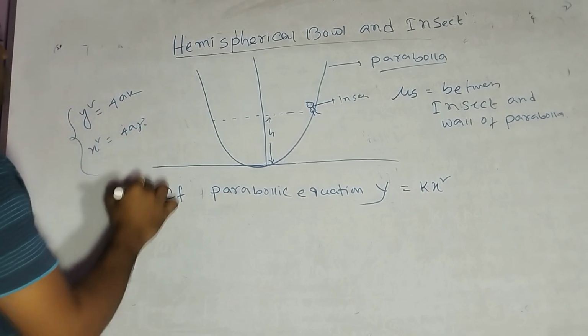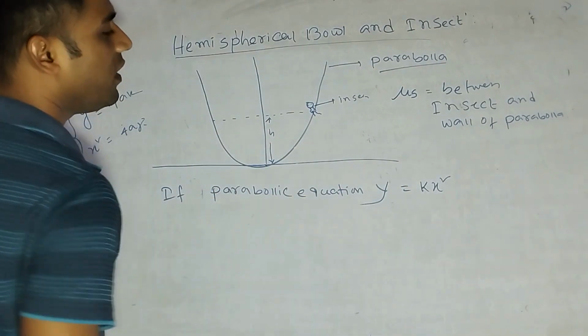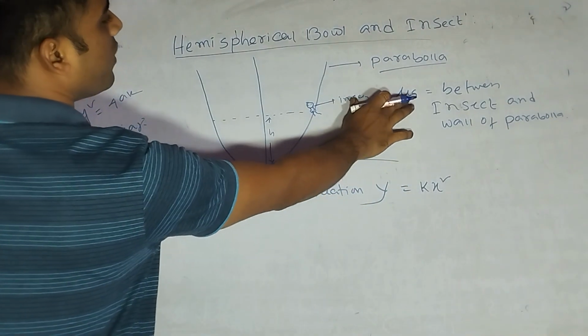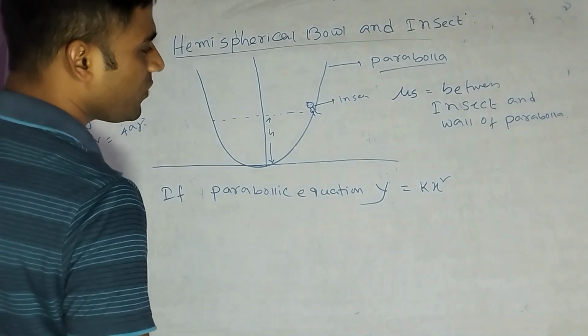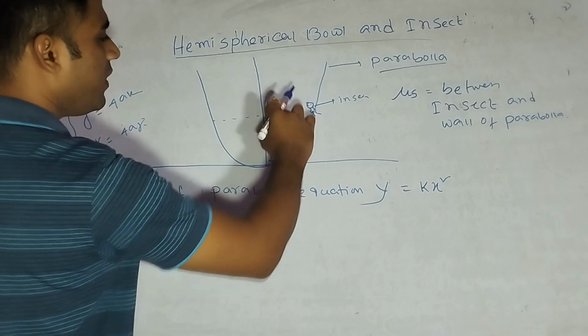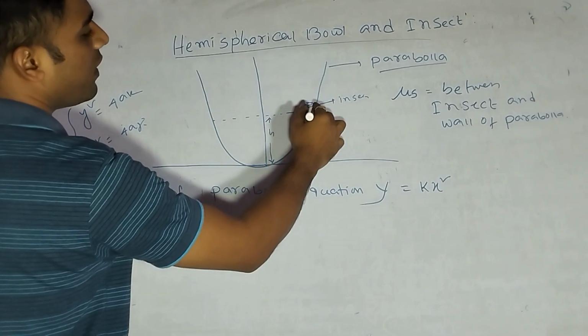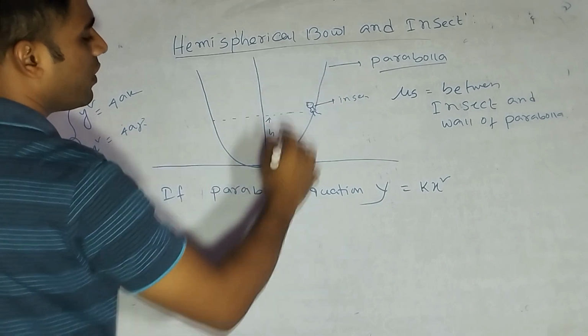In the given question, the parabolic equation y is equal to kx square and the mu s value are given. Then find out the height up to which the insect can safely crawl on the parabola.